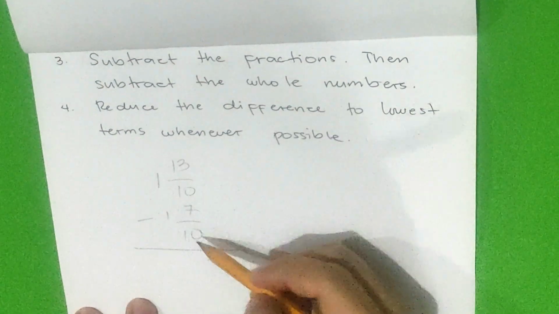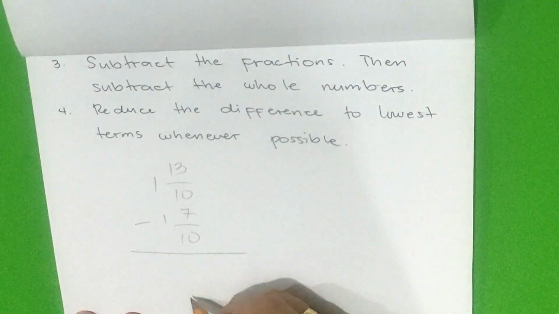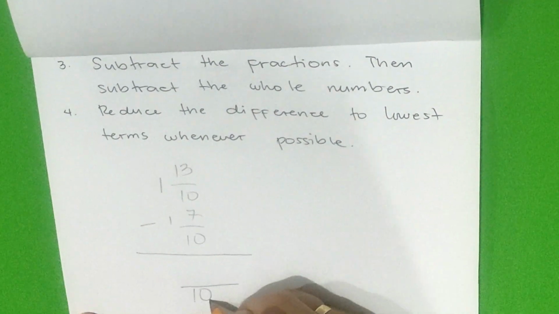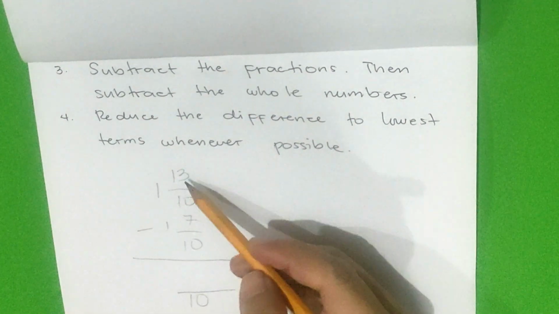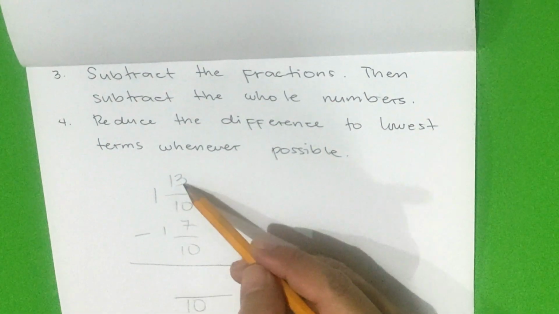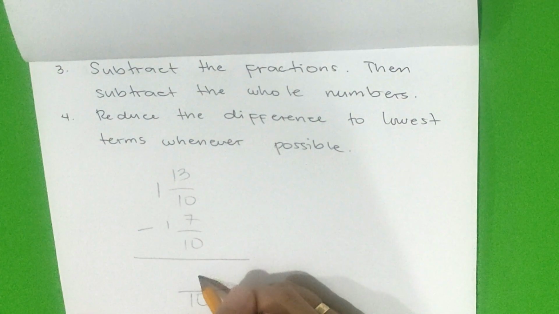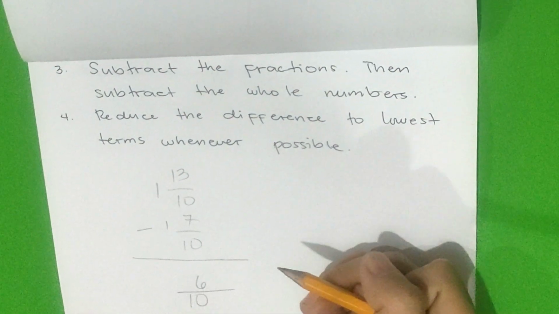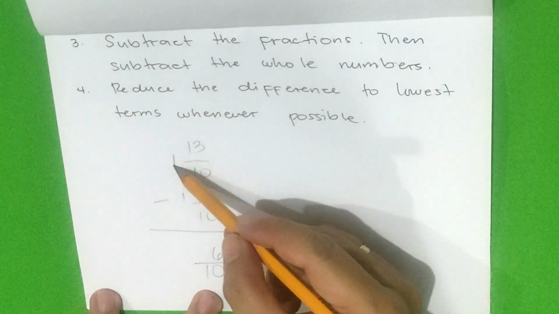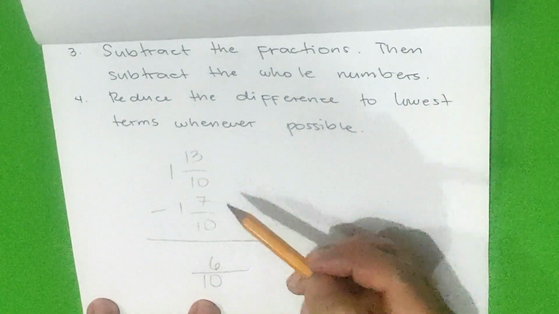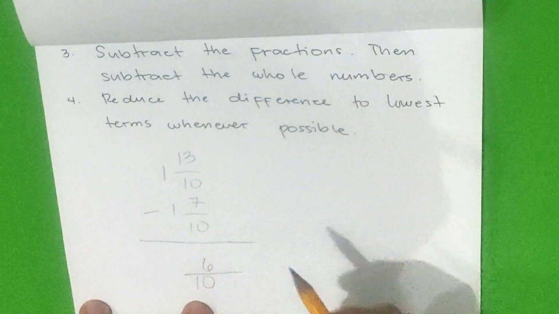Since our set of fractions are similar fractions, let's just copy the denominator 10 and subtract the numerators. 13 minus 7 is equal to 6. And let's subtract the whole numbers. 1 minus 1 is equal to 0. No need to write 0.